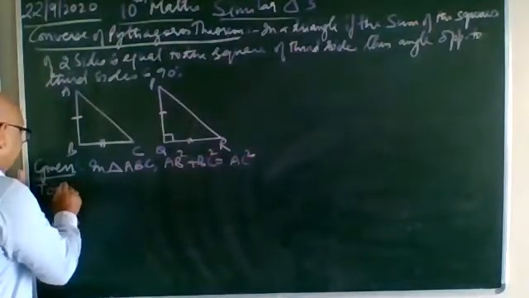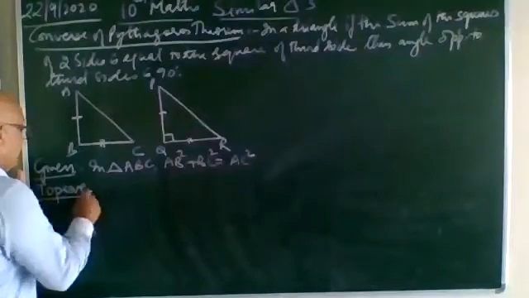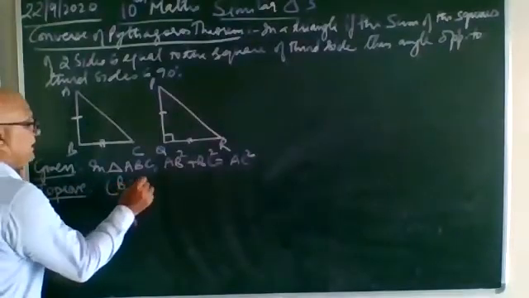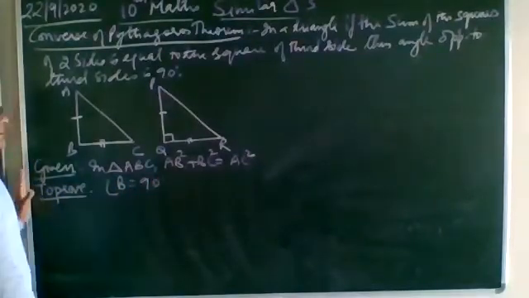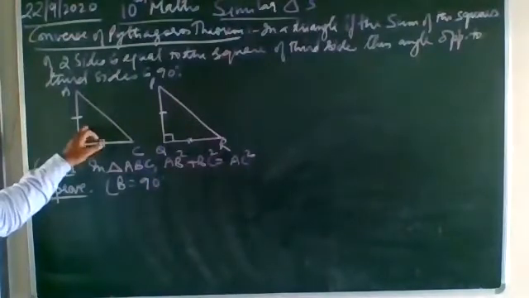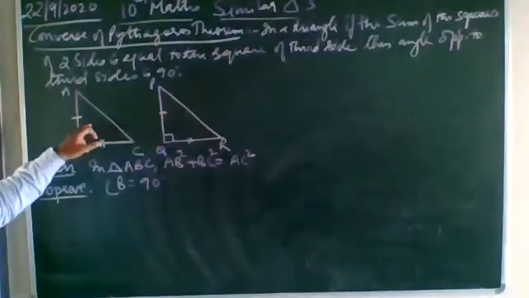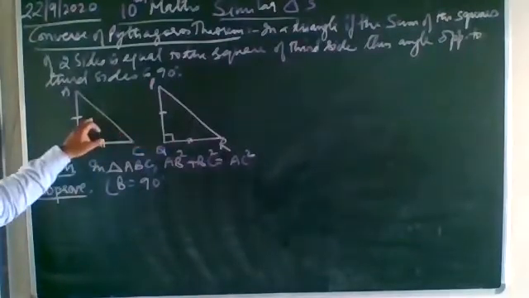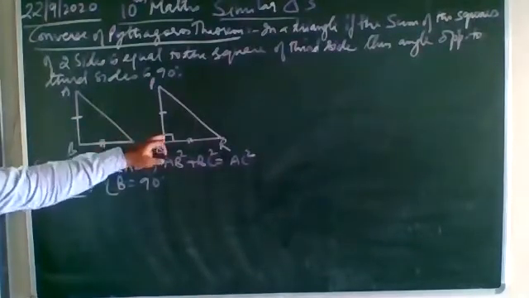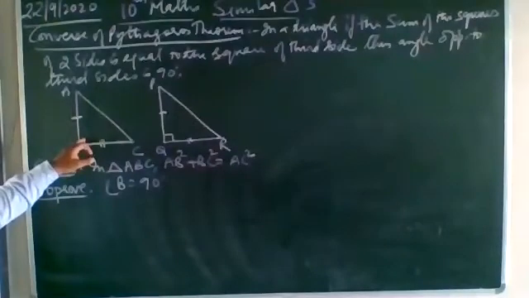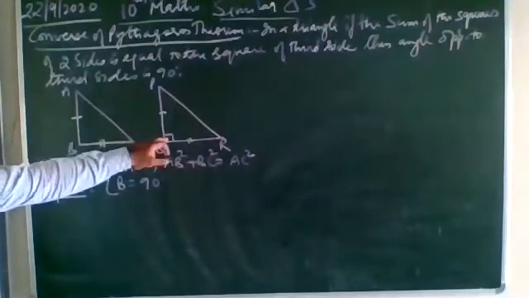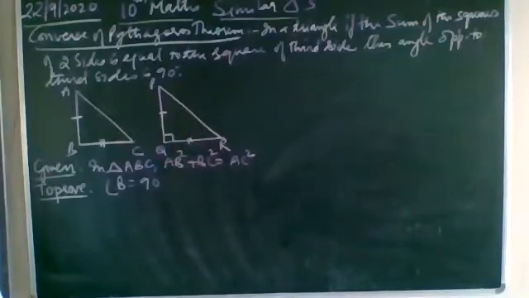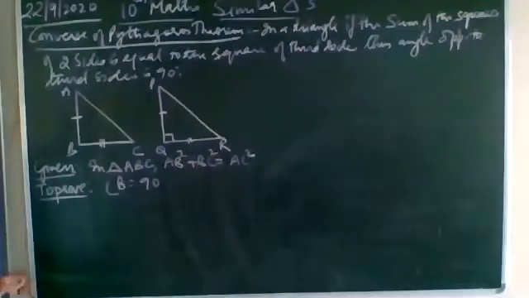To prove angle B 90 degree, simply you have to remember that you have to prove these two triangles are congruent. When you are proving these two triangles are congruent, then you will say this angle is equal to this angle by CPCT, and this angle is 90 degree, so B is also 90 degree.